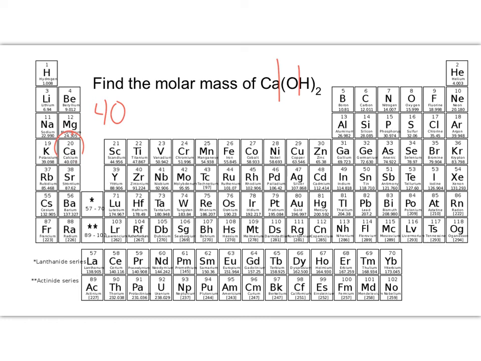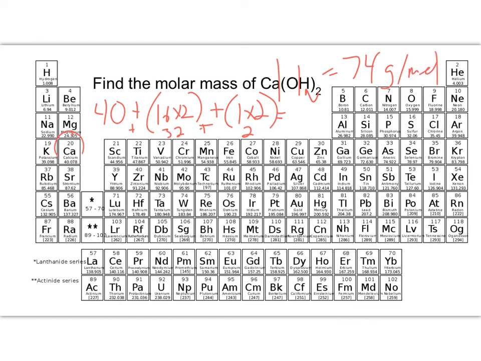And then oxygen has a mass of 16. It's in the parentheses. There's a 2 on the outside, so that's 16 times 2, which is 32. Plus hydrogen, which is in parentheses, has a mass of 1, times the 2 because of the parentheses, so that's 2. So 40 plus 32 plus 2 is 74 grams per mole.